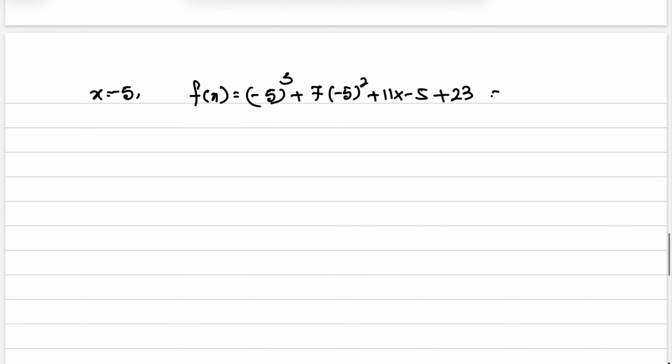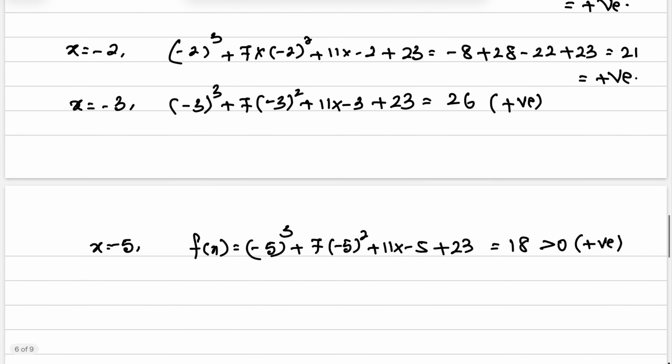Let x be minus 5. Then the function at minus 5 is minus 5 whole cube plus 7 into minus 5 whole square plus 11 into minus 5 plus 23. That is equal to 18. This is also greater than 0, positive.